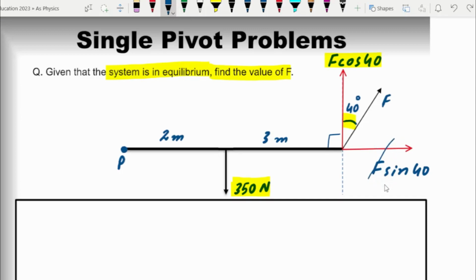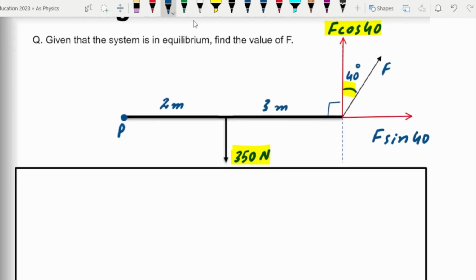So आपके पास दो forces आ गई, the ones that I have highlighted. According to the principle of moment, the clockwise moment should be equal to the counterclockwise moment. So this force would produce clockwise moment. If this is your pivot over here, then this force, if you push it downward from here, then your bar would move clockwise. So what is the clockwise moment?